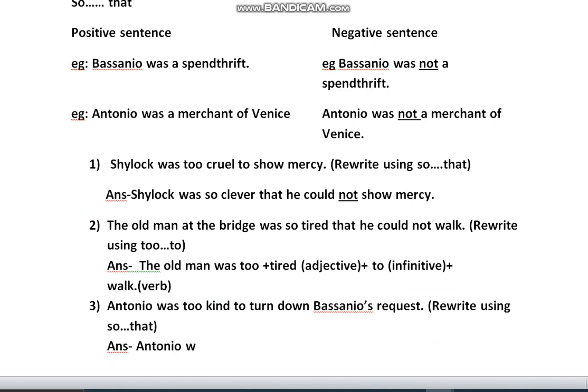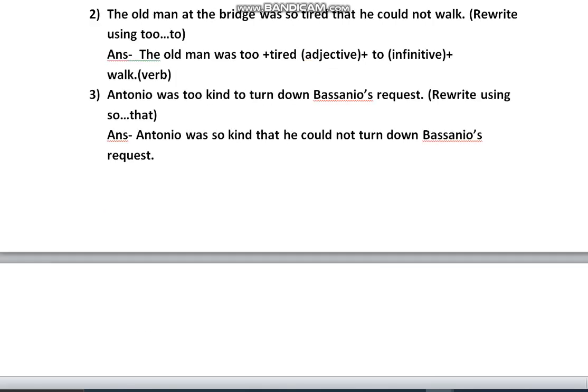So the first clause, Antonio was so kind that, second clause, he could not turn down Bassanio's request. Full stop.